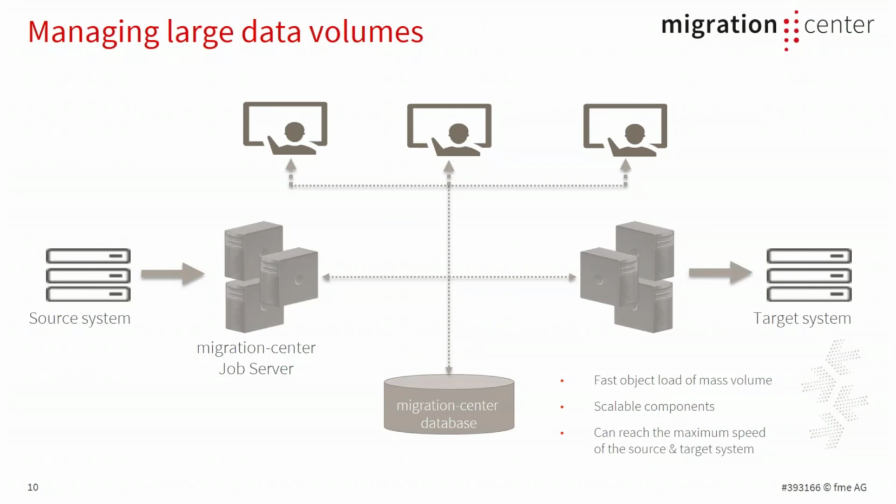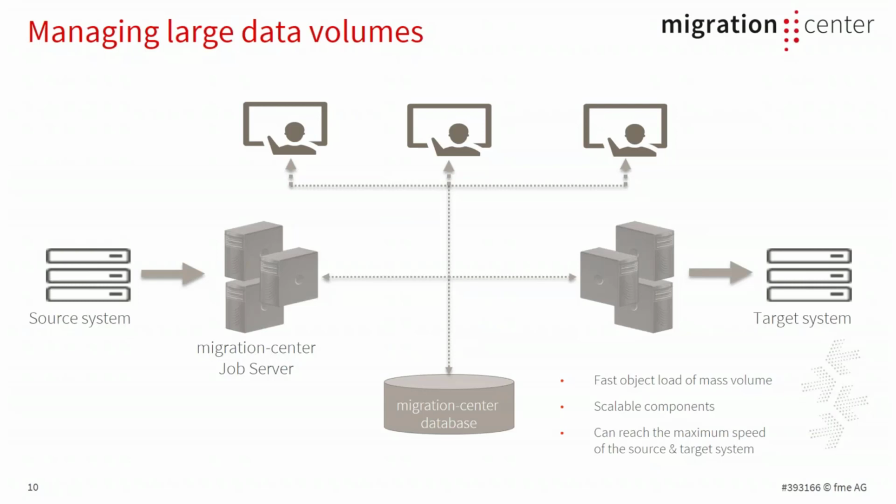Typically the target system, or let's say the import, is the slowest part here. Normally if you scale the Migration Center up as you need it, to the maximum, you will end up having the target system import as the bottleneck of the whole procedure. So for every adapter, we are keen on fast load and import of the objects from both sides, source system and target system.